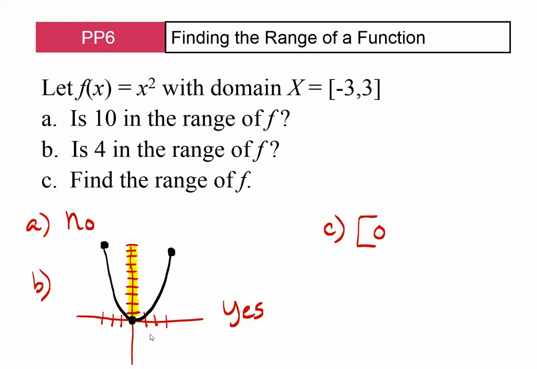The lowest point is 0, and I am including 0, so that means it's going to be a bracket. And the highest point is 9. And do we include 9? Yeah, it's part of the answers we get. So there's my range: the y values that have a corresponding graph to them if moved horizontally away from the x-axis.